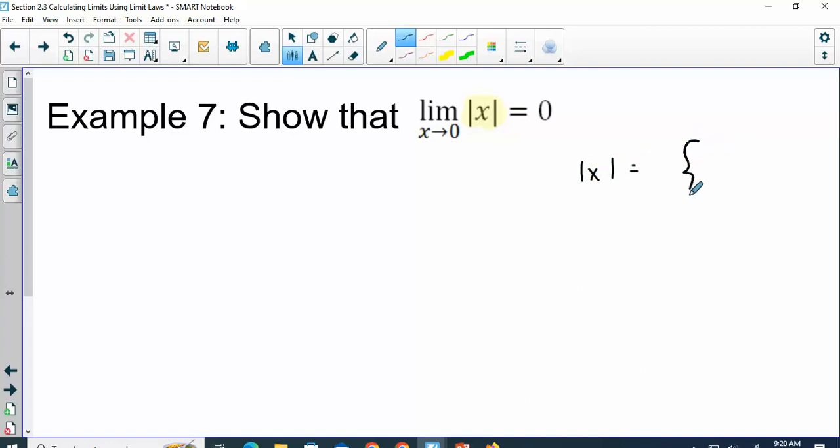So what does absolute value do? If you put in a positive number, it doesn't change anything. So it's just x if x is greater than or equal to 0. But if you put in a number less than 0, it does the opposite. It makes it a positive.